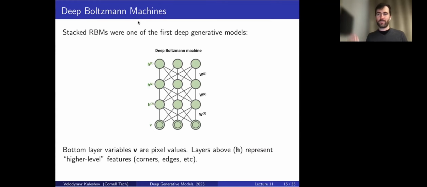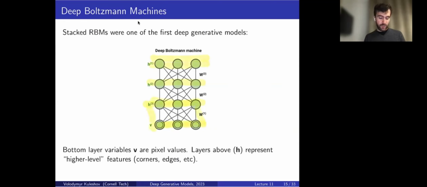When the term deep learning was coined, one famous type of early deep learning model was the deep Boltzmann machine. And this is just a stack of RBMs where we add additional hidden layers on top of an initial layer of visible units.